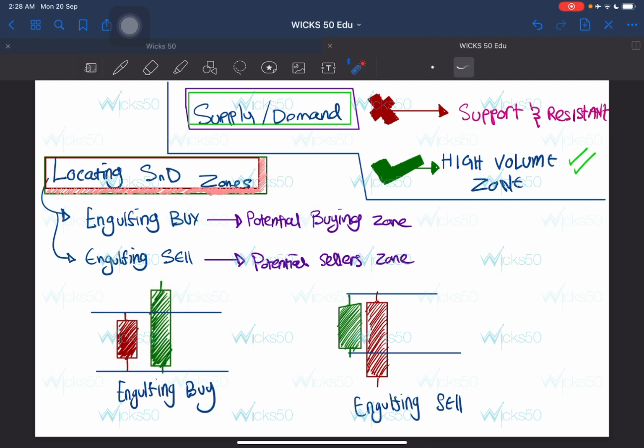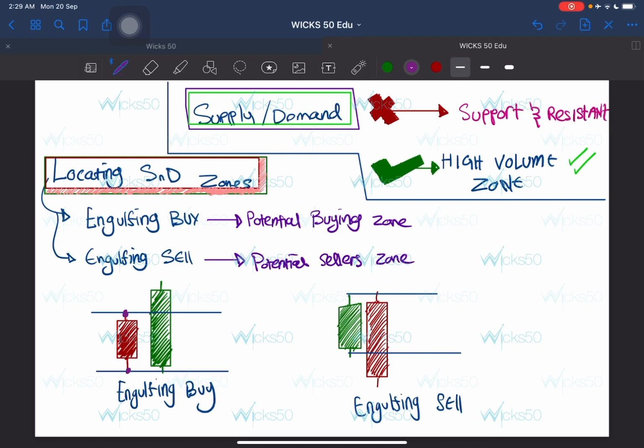It is confluent with its word, engulfing, devour. So therefore, we need the green candle to devour the red candle. And then we can say it has succeeded to create an engulfing buy zone. So when we see a green candle eats a red candle, here are the points: the lowest and the highest.